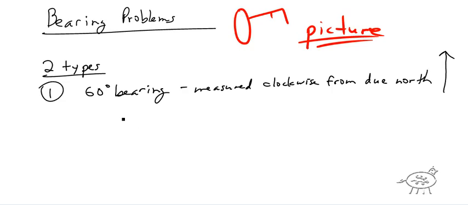So a 60-degree bearing would look like this: due north, and we go clockwise. That would be 60 degrees.